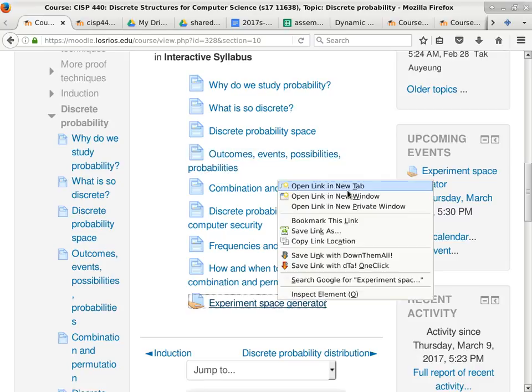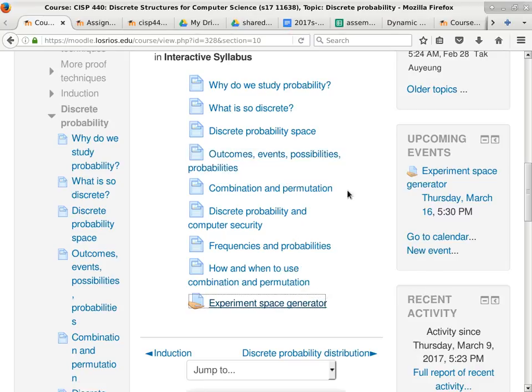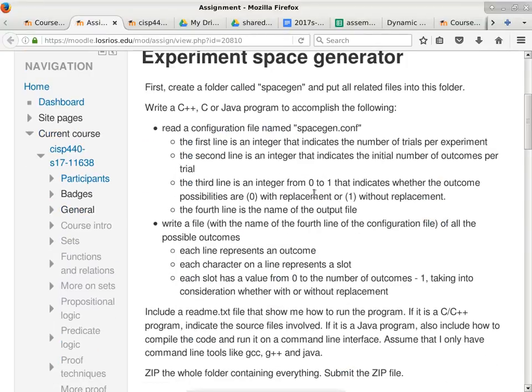So your homework assignment is called an experiment space generator. This time I'm making it very flexible. You can use C++, you can use C, or you can use Java to accomplish the following. So use whatever programming language out of these 3 to get this accomplished.